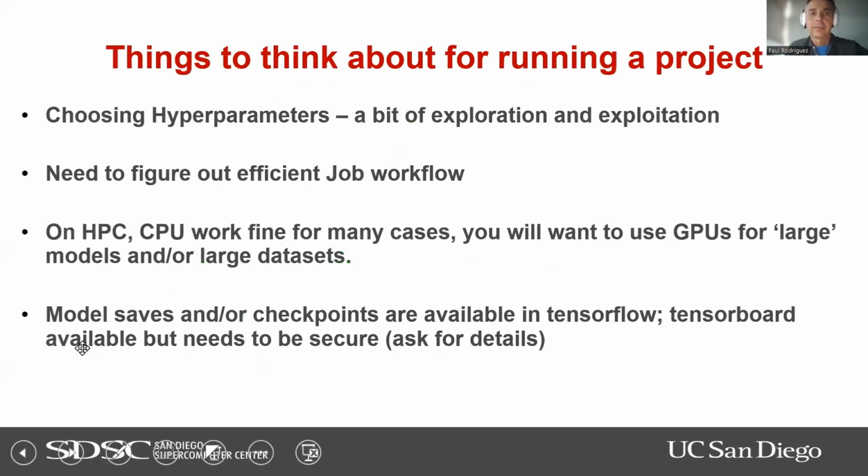All right. Let's say you have some project and you have an idea of the kind of network you want to do, but as I said, there are a lot of options and parameters you have to think about. Some of these are hyperparameters that will need a bit of exploration. Choosing your best hyperparameters is really a combination of exploration and exploitation.